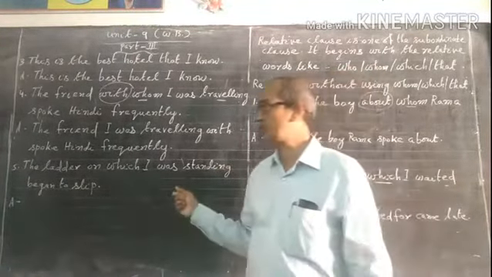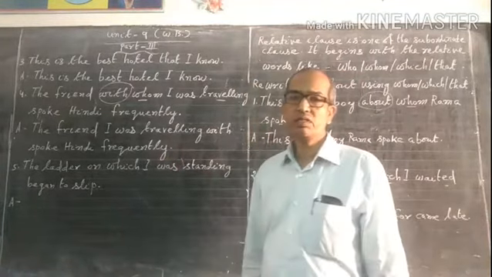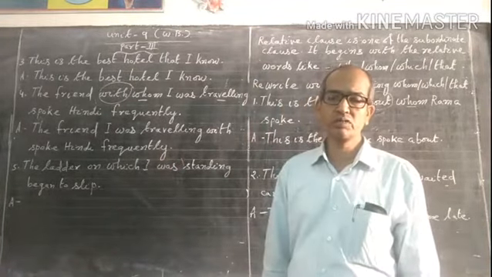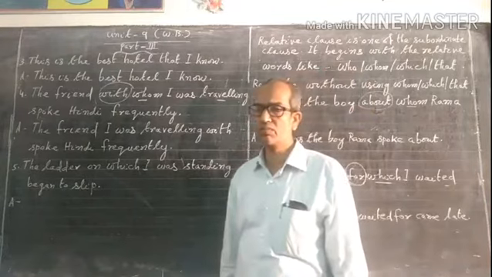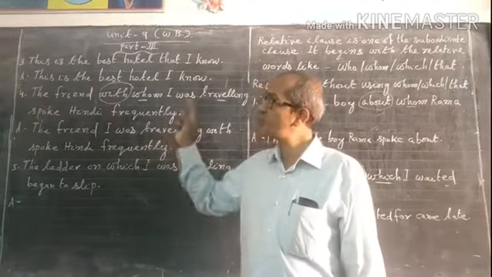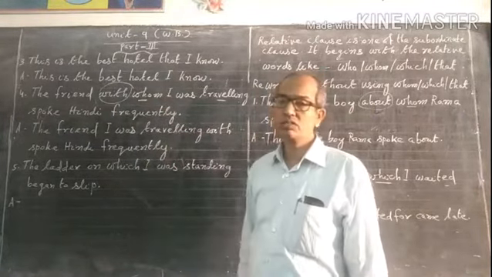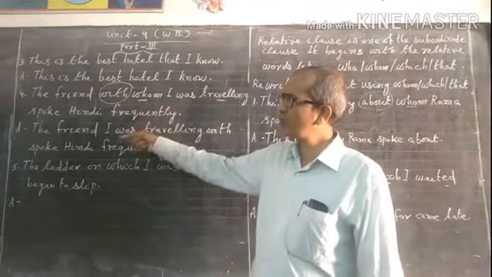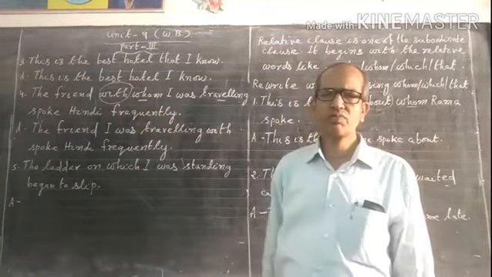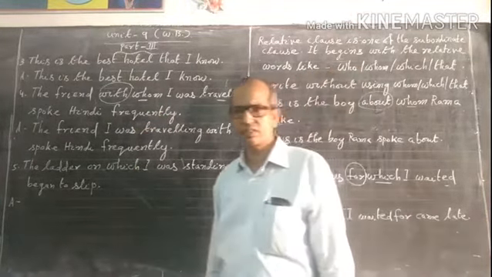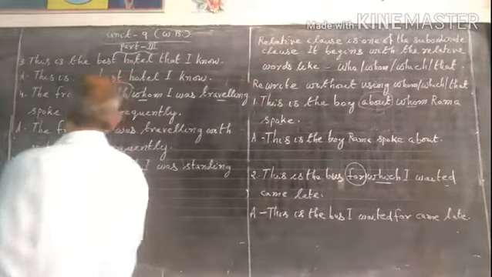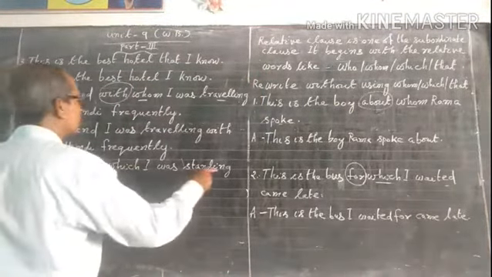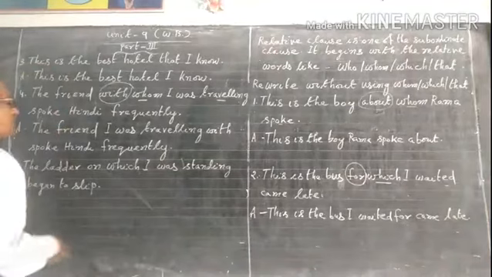It is also important. Number 4 and 5 are the most important questions for the annual examination. 1 mark comes from these 2. Most of the time, either number 4 or number 5 comes in the examination.